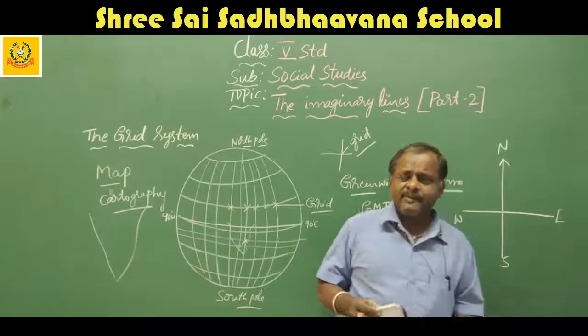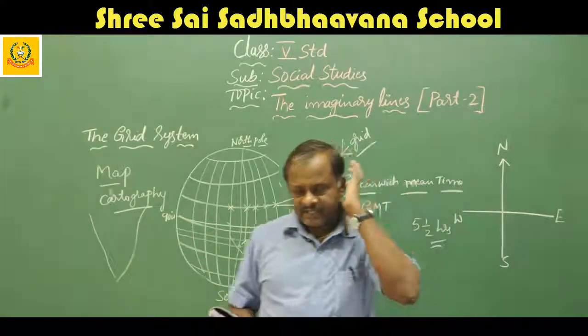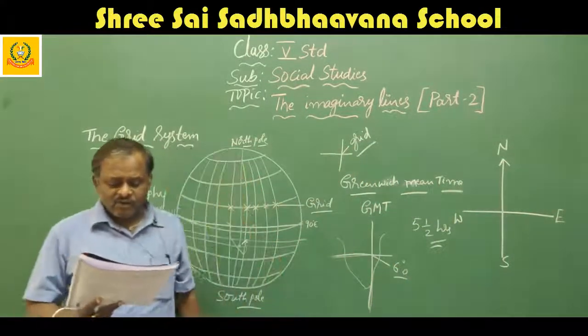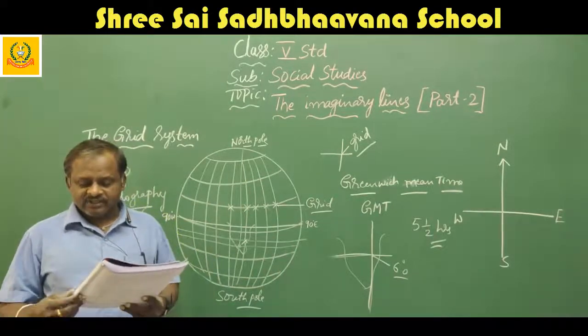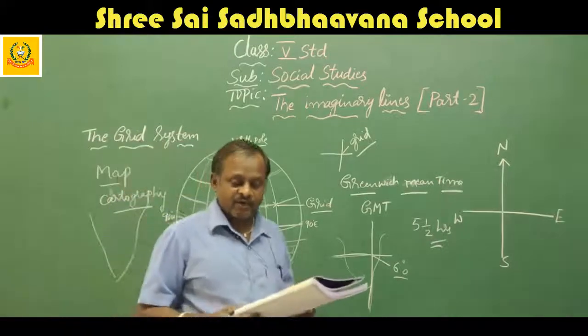Next, how will we read the map? Maps are ready. We should know how to read a map in order to make full use of it. Here they have given some instructions on how to read a map.